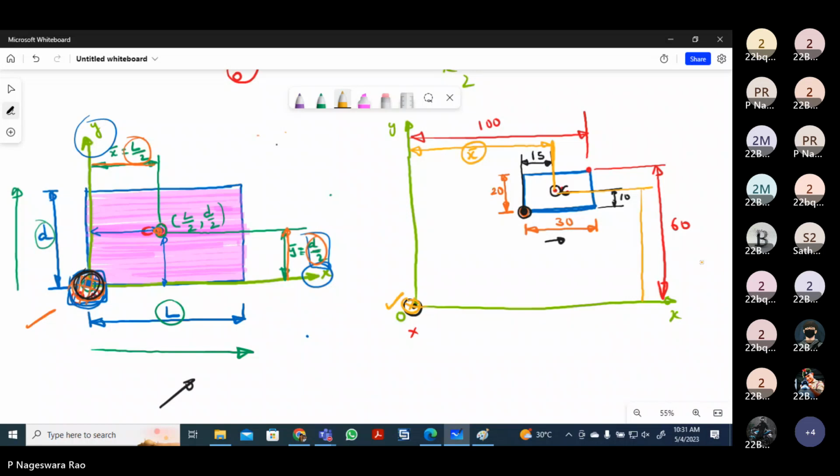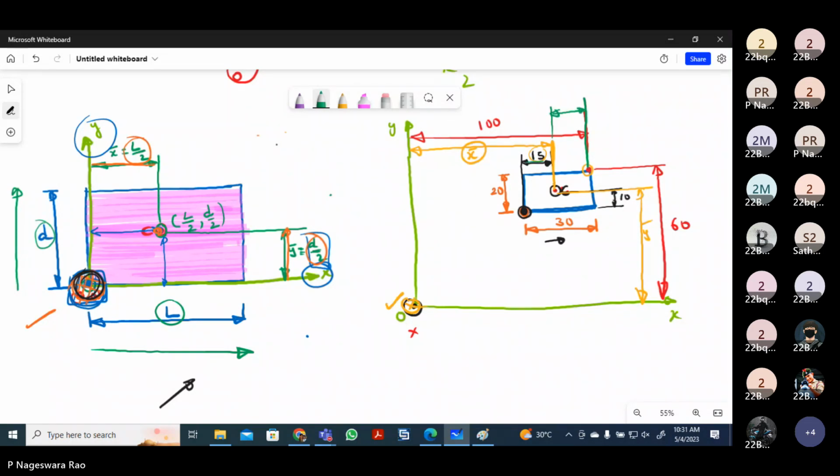So this distance is called the y coordinate, that is y bar. Now let us calculate it a little bit. This length is 15, already we know that. But this corner was given as 100. Then think reversely: from this corner to this C point, what is the distance?